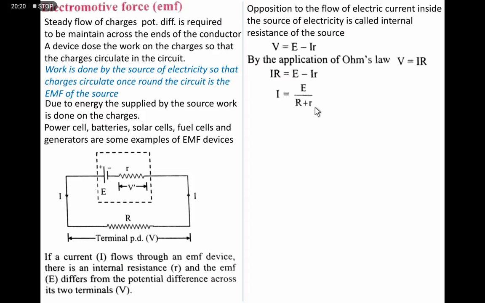Then by rearranging, you can find the current in this circuit, that is I is equal to E by R plus r. Even you can determine the EMF of the source, that is E is equal to I into bracket R plus r.